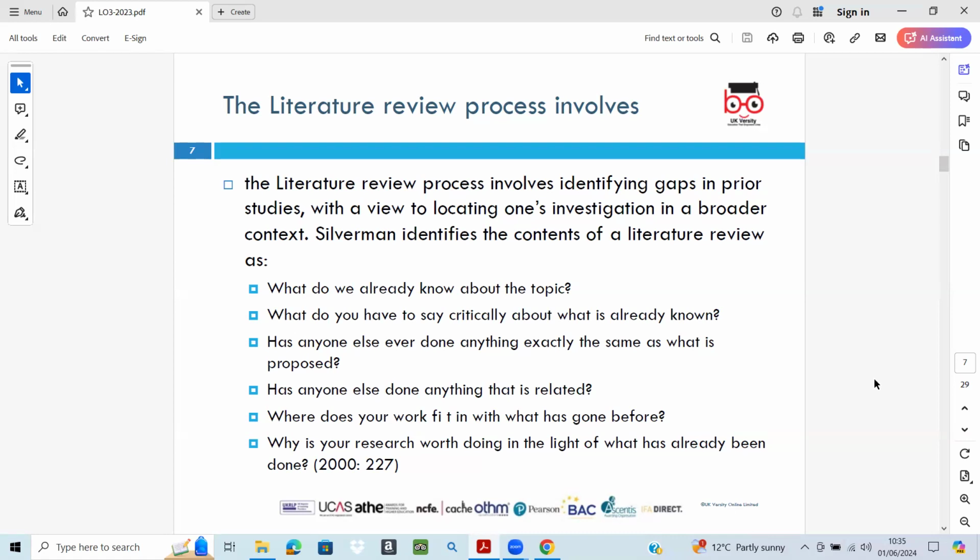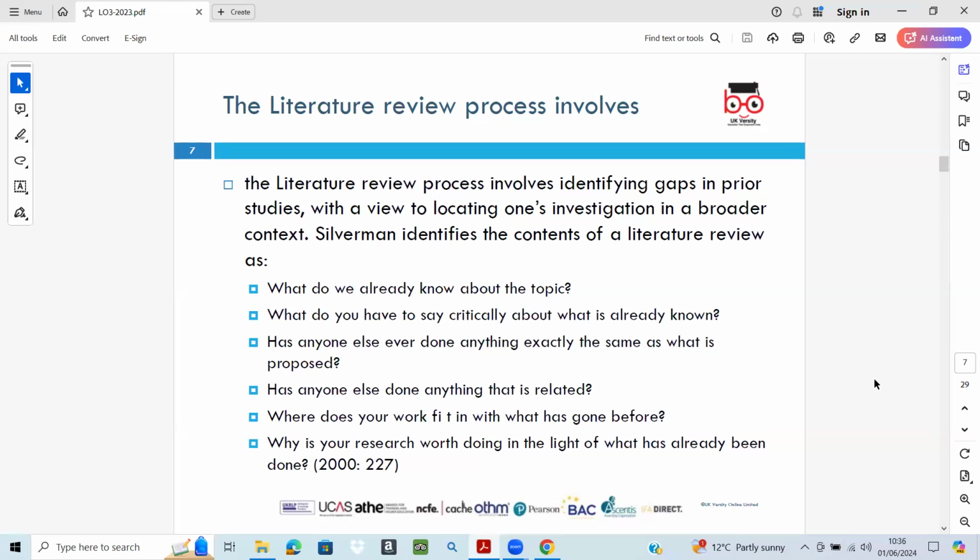What we are doing is breaking down the literature review as outlined by Silverman, focusing on various aspects that should be considered to effectively set the stage for our research.